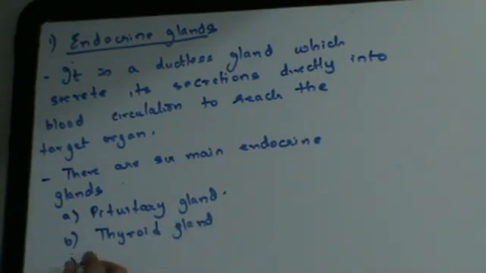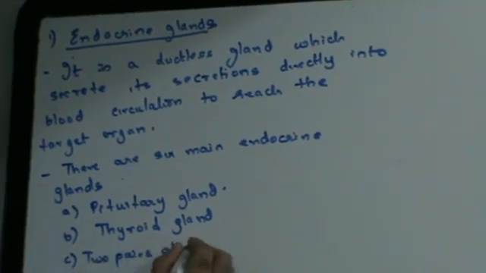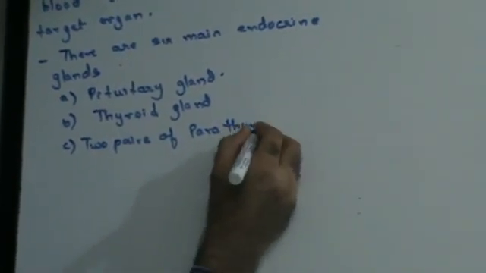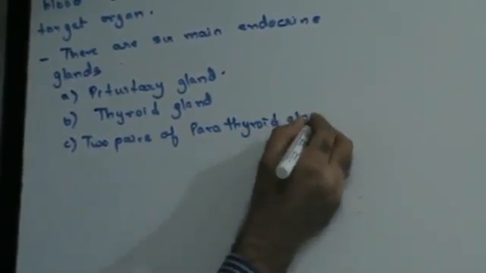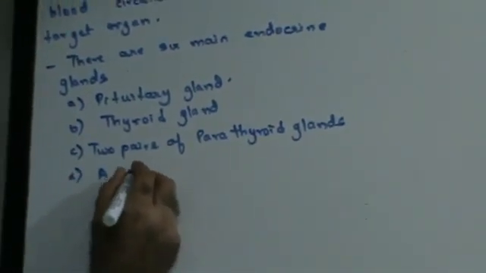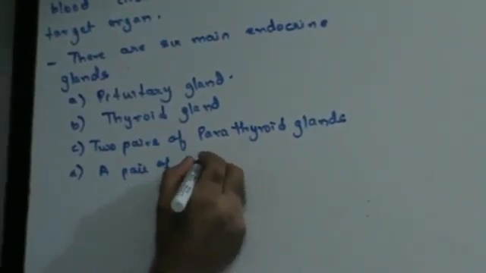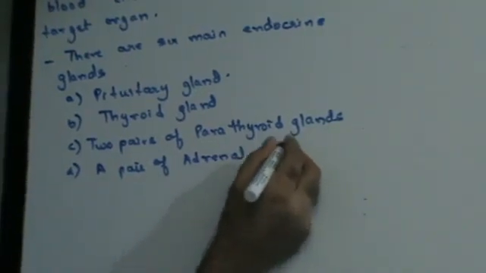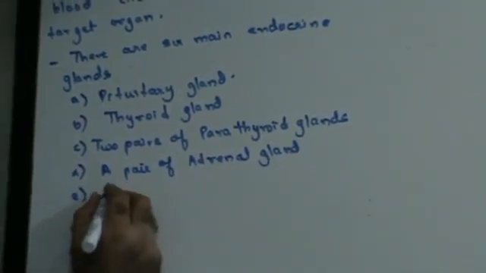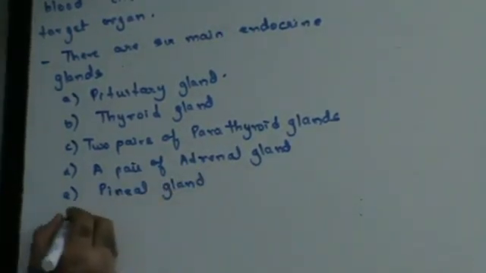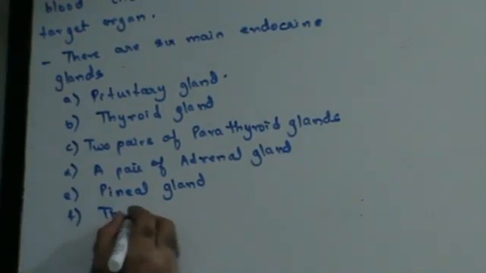Then you have 2 pairs of parathyroid glands, then a pair of adrenal glands, then you have the pineal gland, and finally you have the thymus gland.